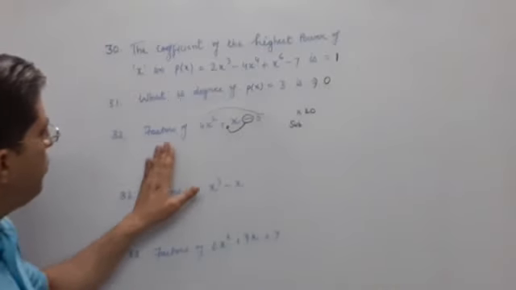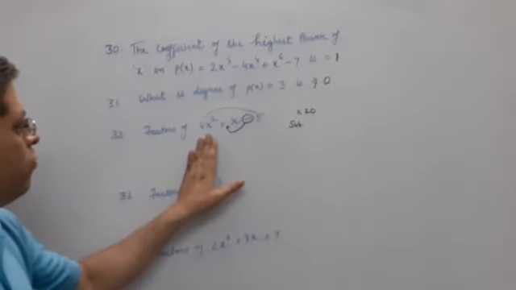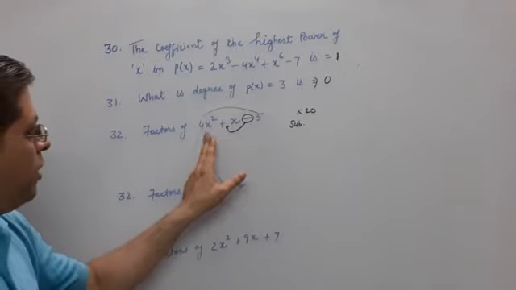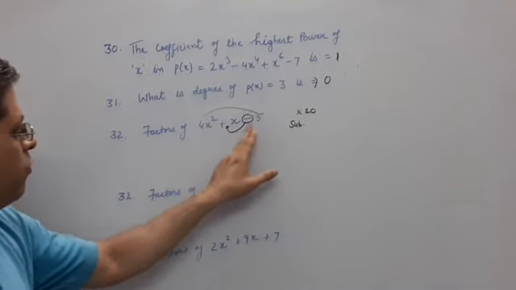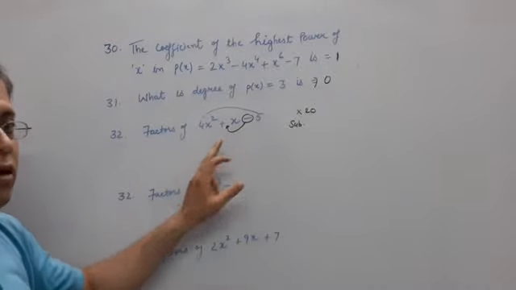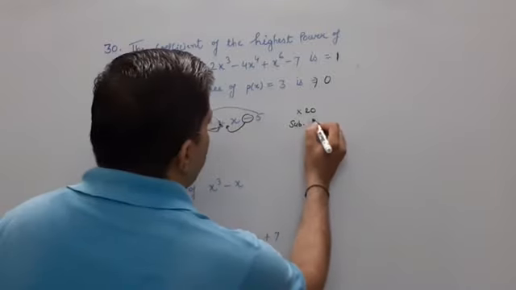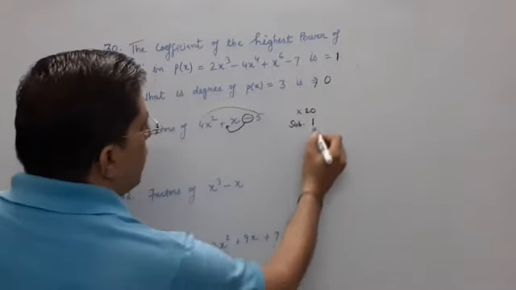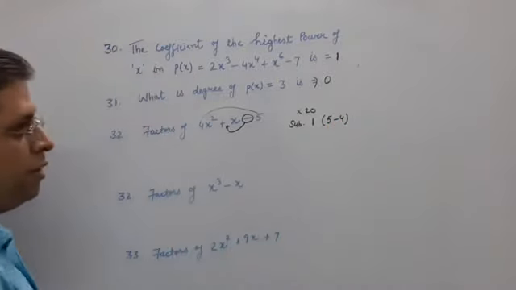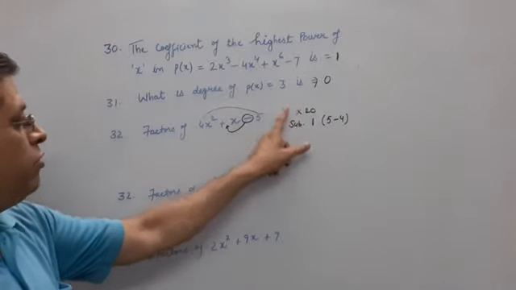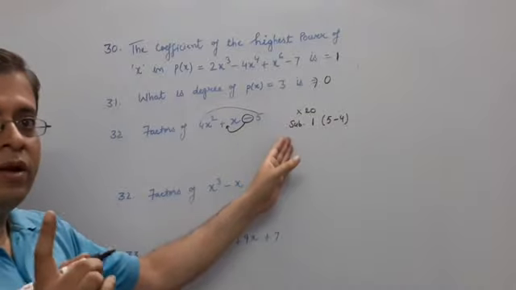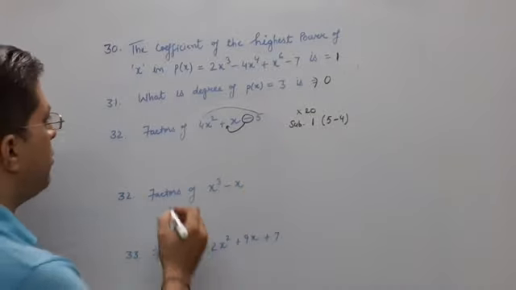Number 32. See, you have to find factors of 4x square plus x minus 5. Okay. After multiplication, 5 4s are 20. And after subtraction, you have to get 1. Find two numbers whose subtraction is 1, that is 5 minus 4, and multiplication is 20. The name of this method is the middle term splitting method.